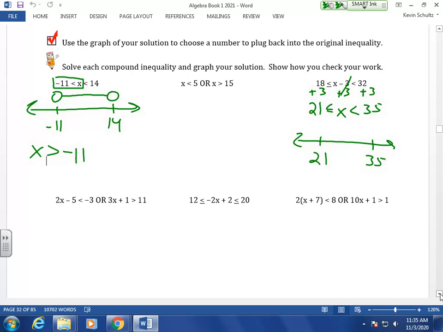Closed, because of that less than or equal to sign. How about above the 35? Open. And we are connecting. Okay? Meaning that any value within this range from 21 to 35, when you subtract 3 from it, it's going to be between 18 and 32. Those are the values that x can be.